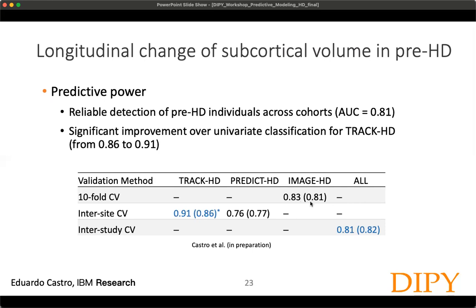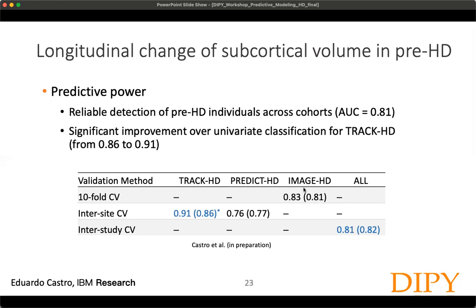And in parentheses, you can see the value attained by looking at just the striatum.